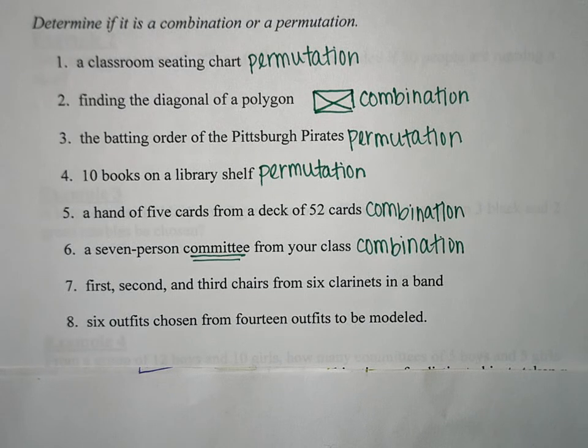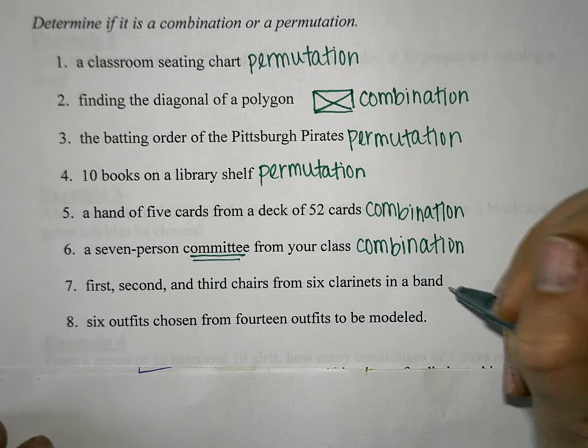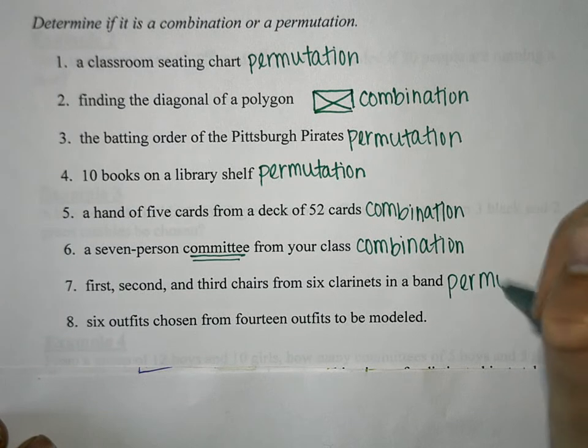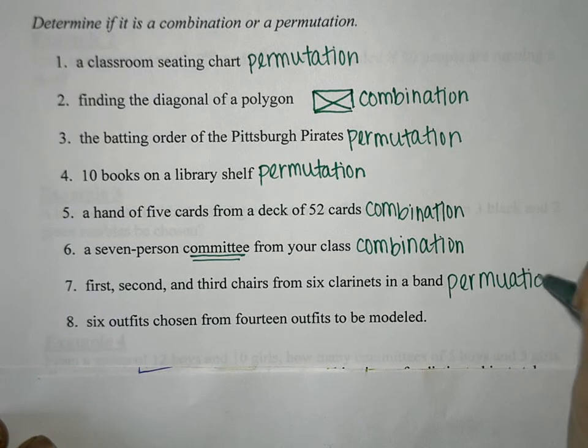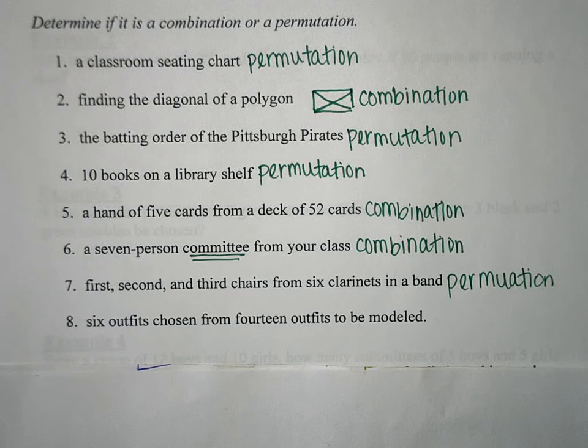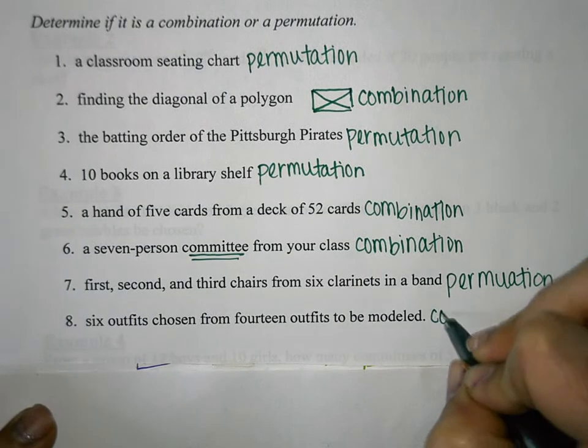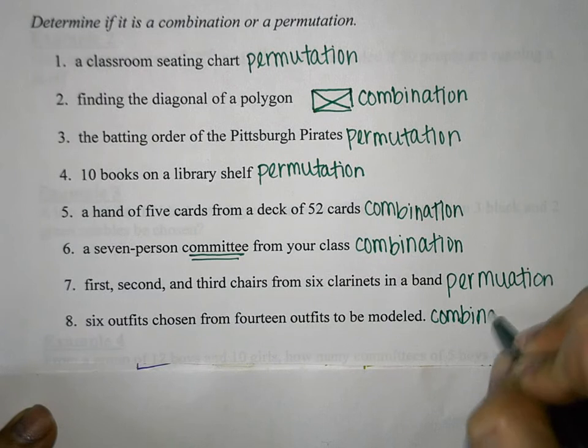Number 7, first, second, and third chairs out of 6 clarinets from a band. Order does matter there, so that is a permutation. And then number 8, 6 outfits chosen from 14 to be modeled. So it doesn't matter which order you pick the outfits, those 6 are still going to be picked no matter what, so that is a combination.